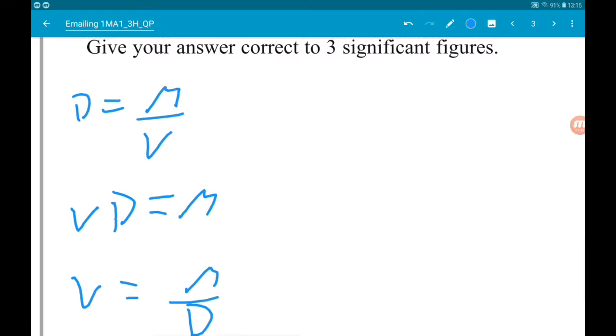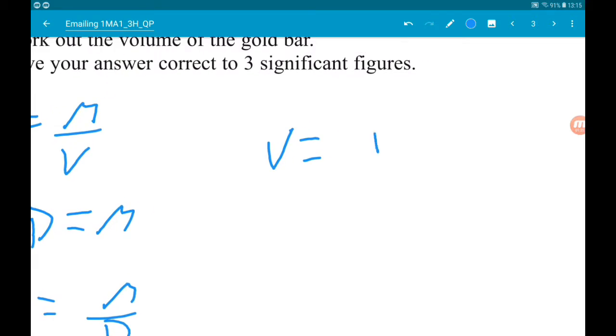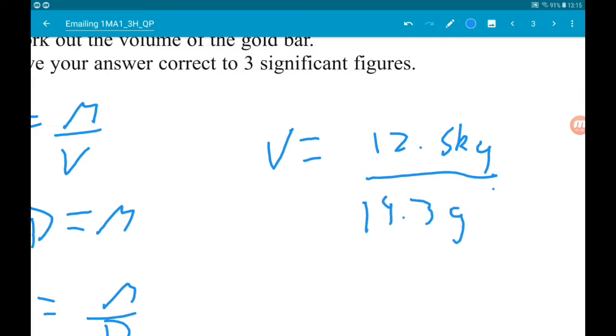So, our volume here is 12.5 kilograms divided by, now we need to be very careful here, because we're given the density as grams per centimetre cubed. So we have 19.3 grams per centimetre cubed.